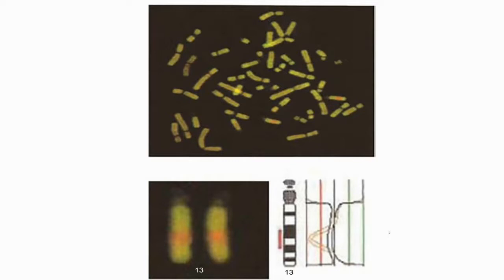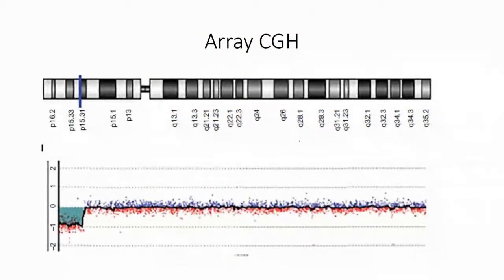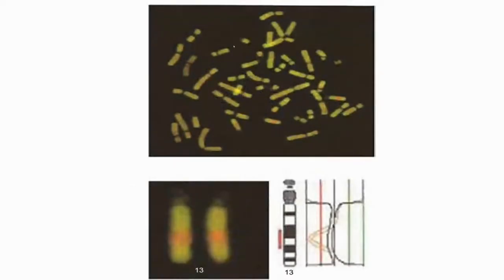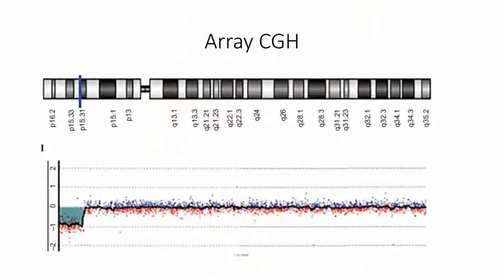That's called CGH. And then another technique is called array CGH. Right? The CGH already increased the resolution. However, it's still not very accurate. And now the scientists developed this array CGH. In array CGH, for the reference DNA, they don't just use the chromosome as a reference like what you see here, but now you purify the genomic DNA, all right?